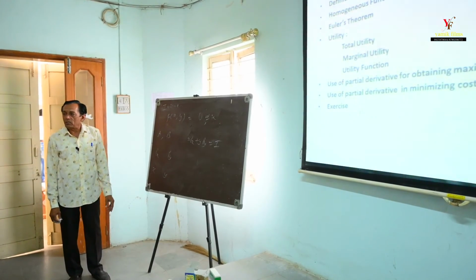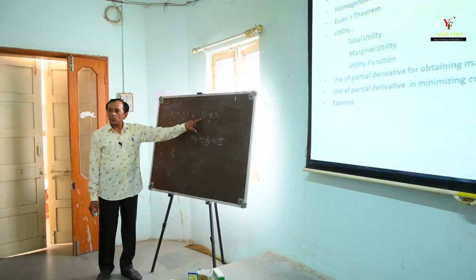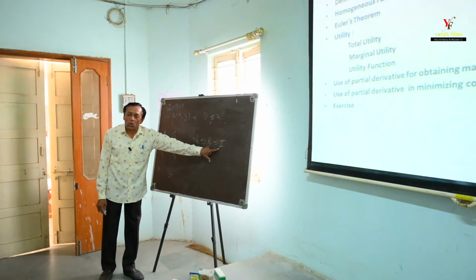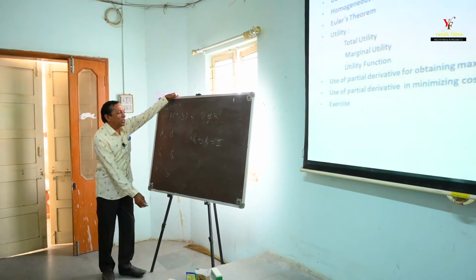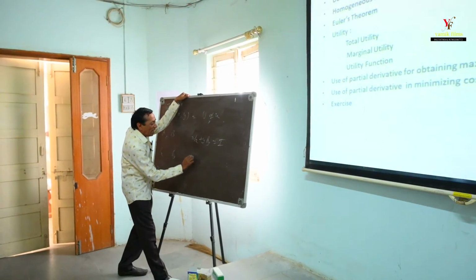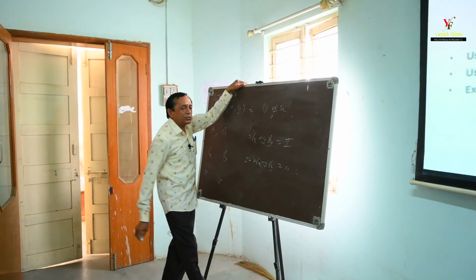U is the given utility function. The income function is also given: x Px plus y Py is equal to I. From the utility function and income function, we get I minus x Px minus y Py equal to 0.